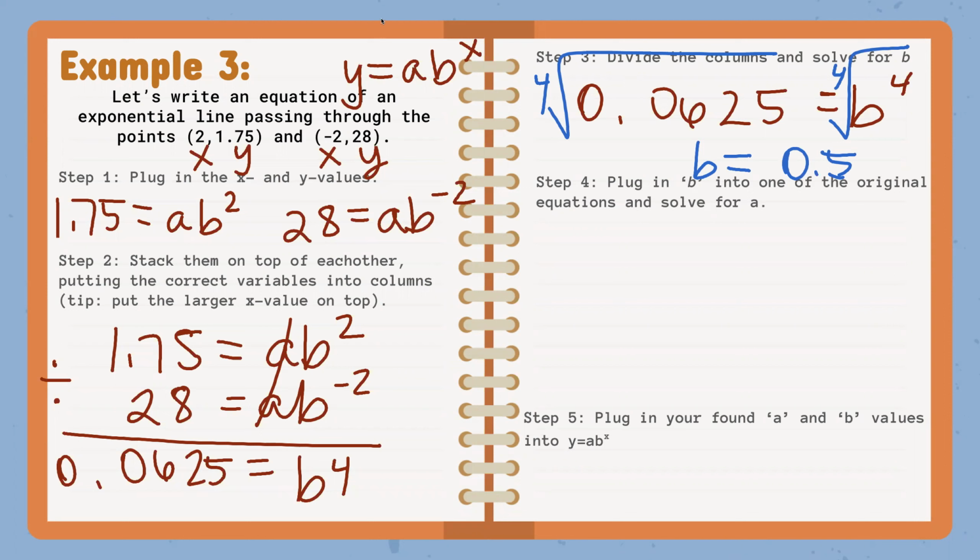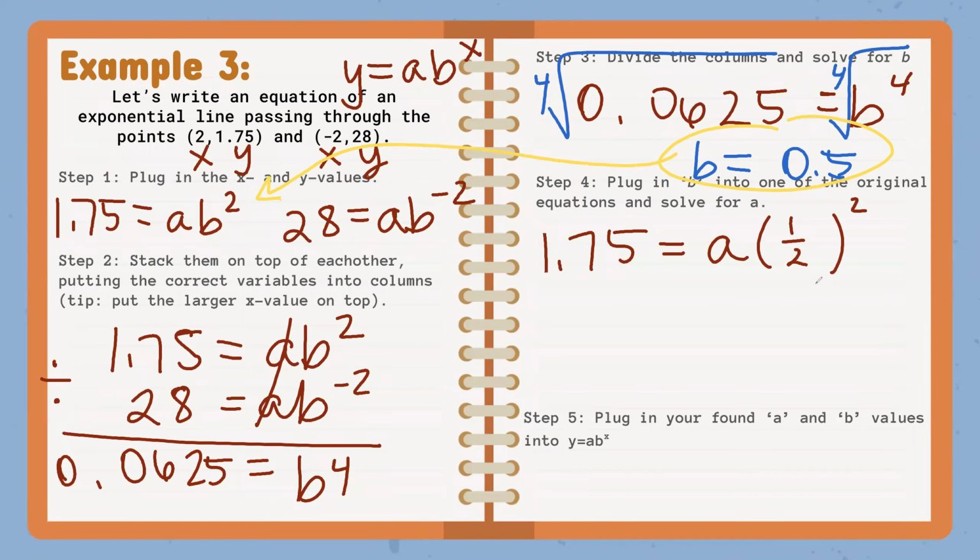And so I'm going to plug that into one of the original equations. Let's do it into this one where there's a positive. So I'm going to have 1.75 is equal to a, I know my b is a half, squared.